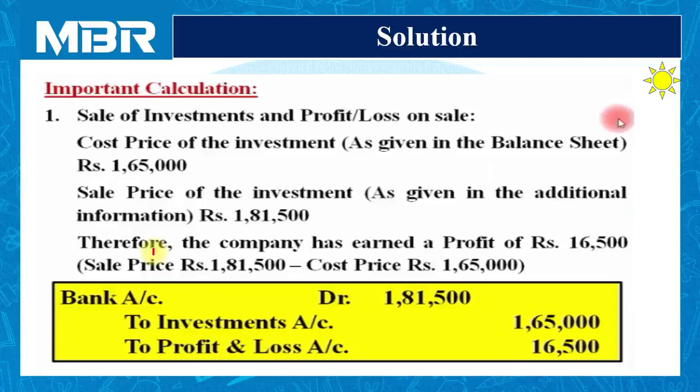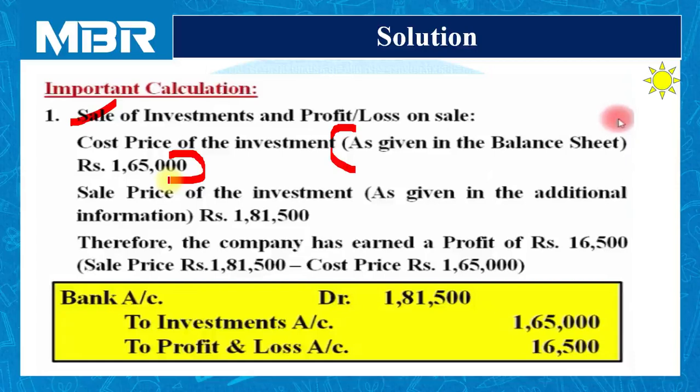So in this particular question, we have to sell our investment at first and we have to record profit or loss, whatever it is, to profit and loss account. Number one, cost price of the investment. Cost price of the investment is given on the asset side of the balance sheet.